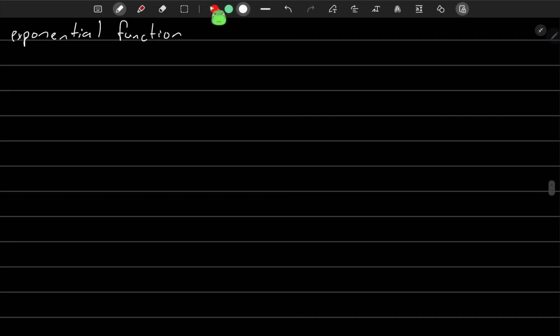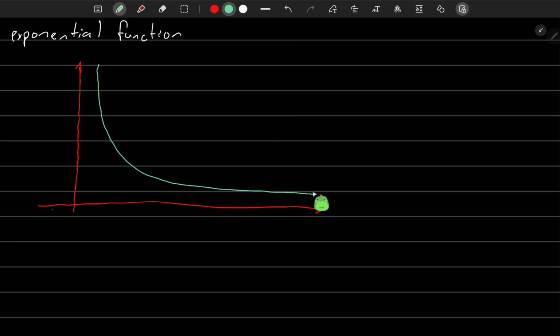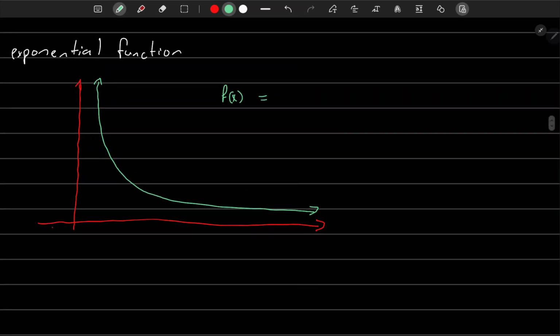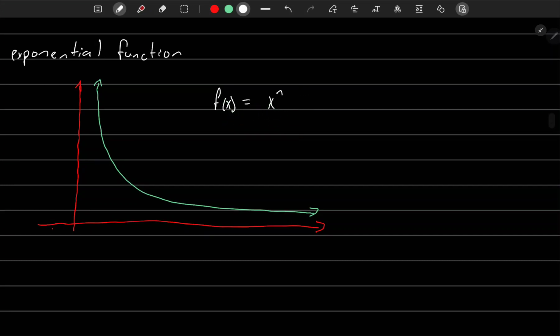And the shape of an exponential function is drawn here, and the function is f of x equals x in some variable n.